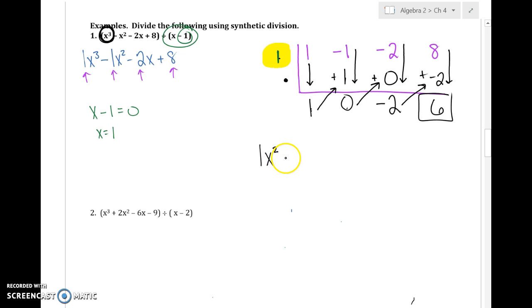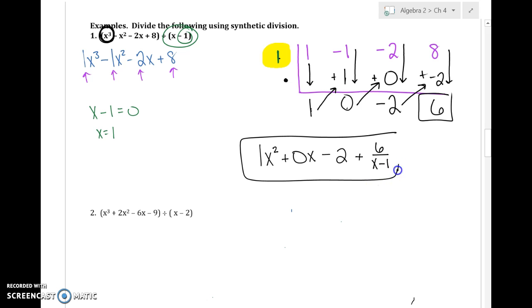The 0 means plus 0x. Then your minus 2. The 6 is the remainder, so we put plus 6 over the original divisor, x minus 1. And that is our answer.